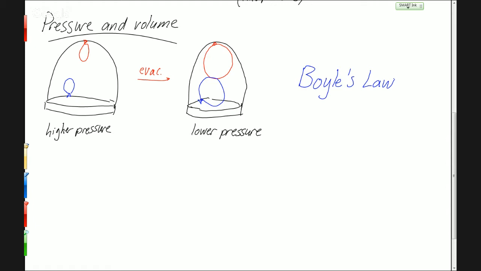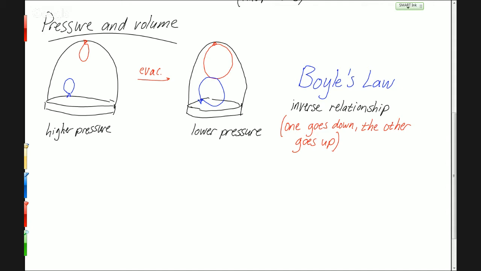When one goes down, the other one goes up. That's what an inverse relationship means.